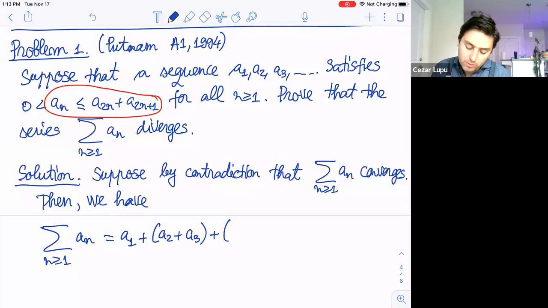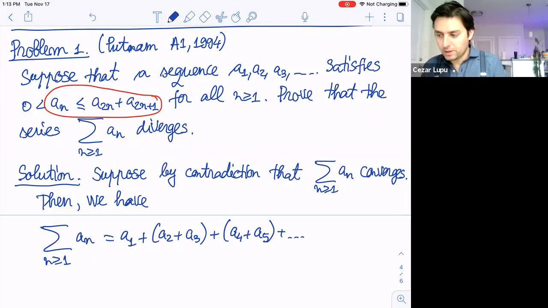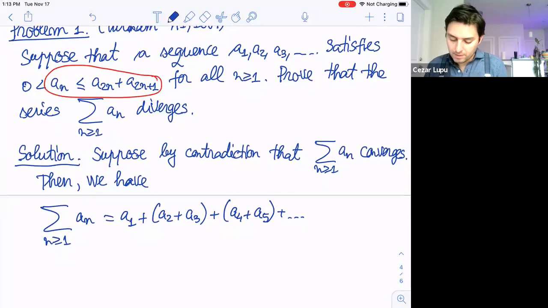Then for n equals 2, I'll have a_4, a_5, right? And so on. And if you look at this, we can write it in the following way. So let me think a bit.